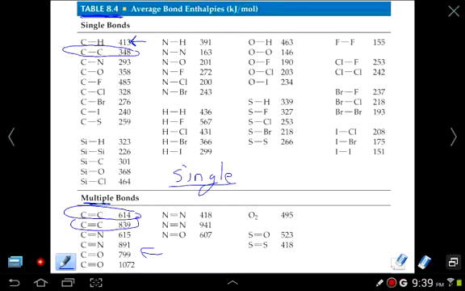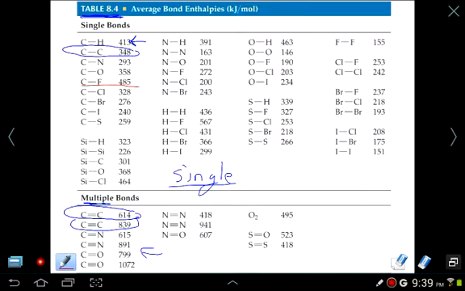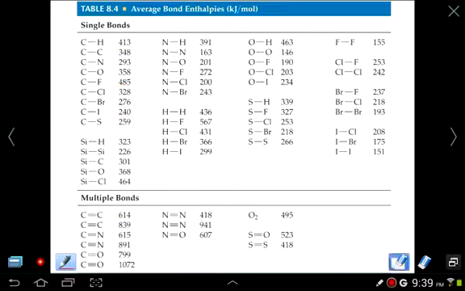Secondly, take a look at this section right here, where you're seeing bonding to fluorine, chlorine, bromine, and iodine. We are going down the periodic table on the halogens, from fluorine down to chlorine, bromine, and iodine. And as you see, the enthalpy is decreasing.